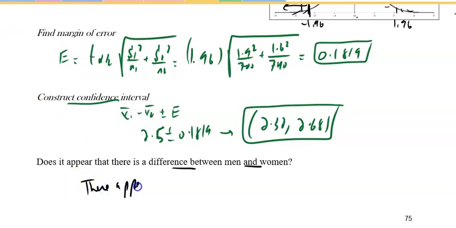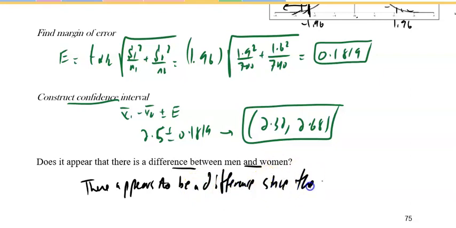There appears to be a difference, since the interval does not include 0.